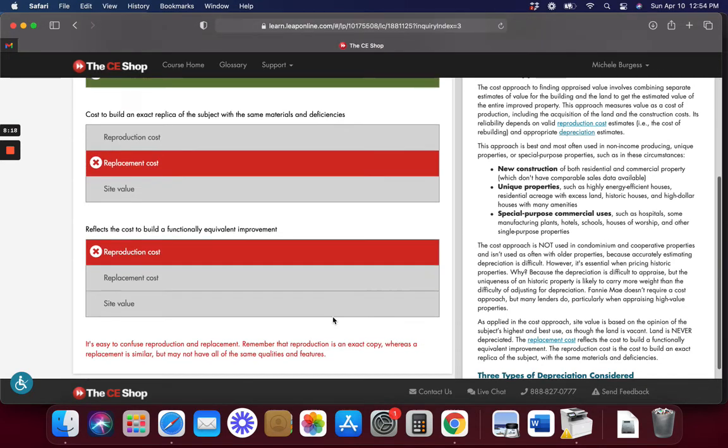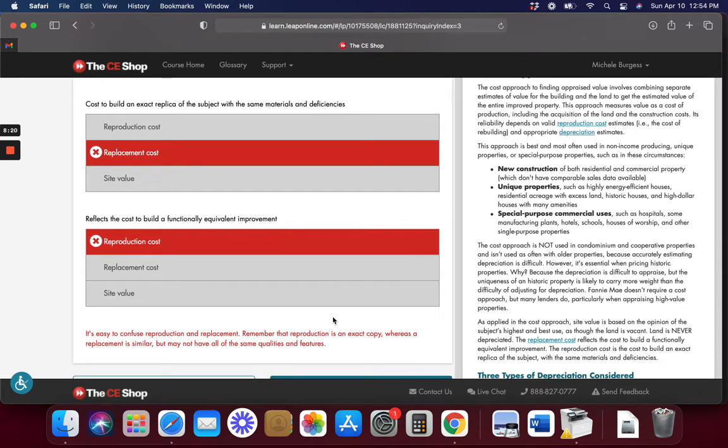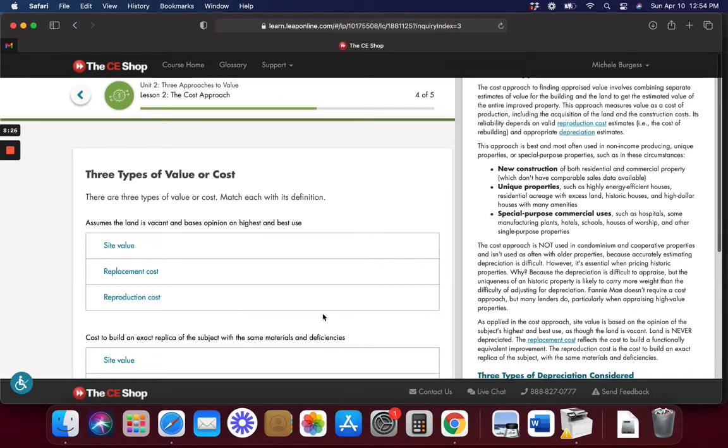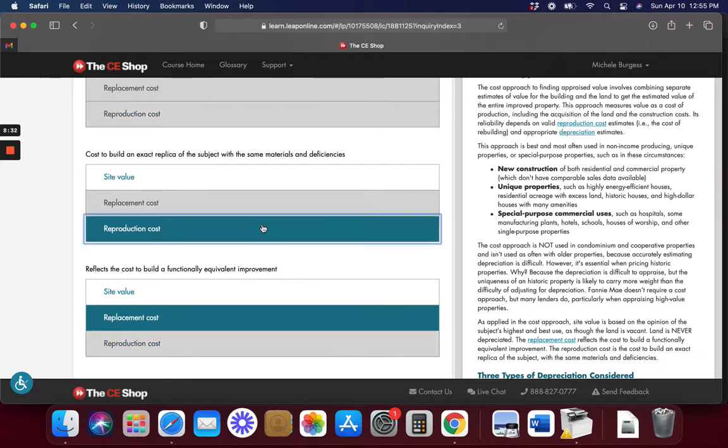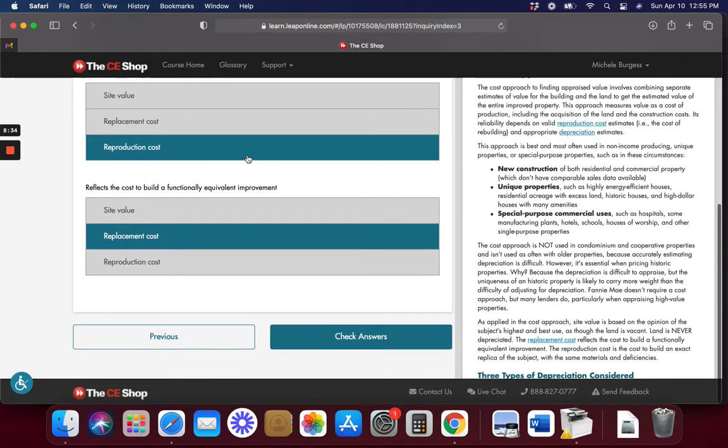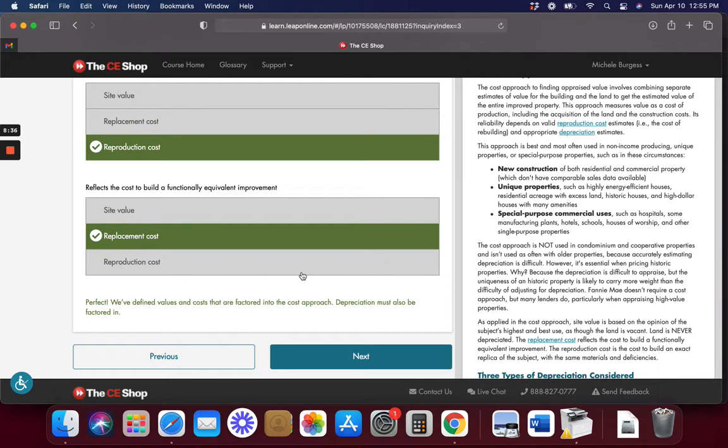Oh, okay, it's easy to confuse reproduction and replacement. It reflects the cost to build an equivalent, that would be replacement. I'll do it backwards this time, and we got it.